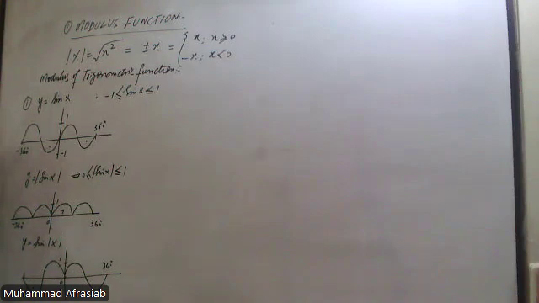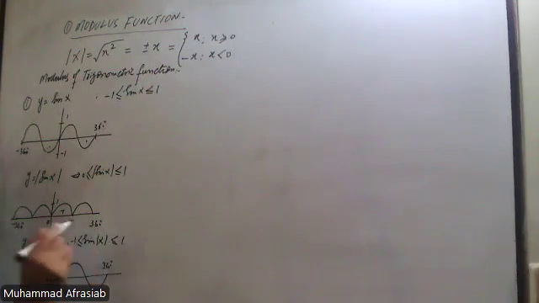Here it was the whole function, sine of x modulus, and here it is sine of modulus x only. So the negative values of x will become positive, and then you take the sine. The behavior is the same as shown in this figure. Its range will be from minus 1 till 1.